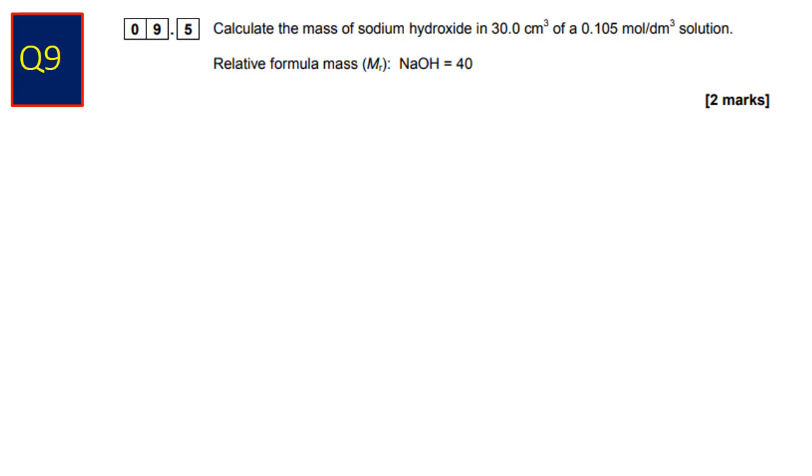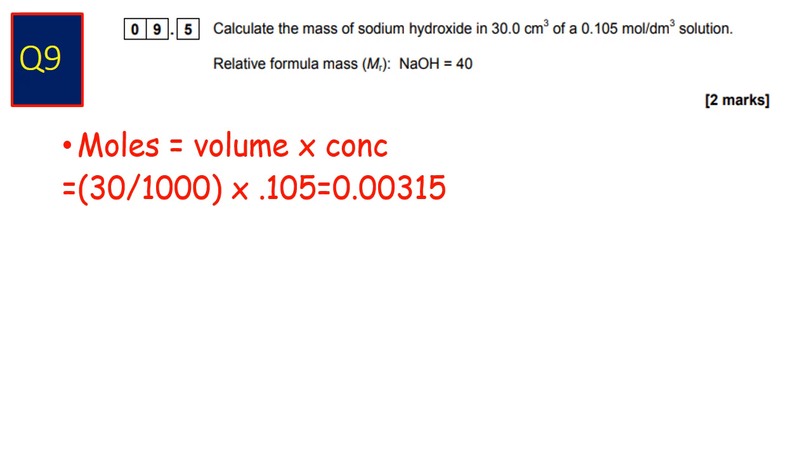Then asked to calculate the mass of sodium hydroxide in 30 centimetres cubed of a 0.105 mole decimetre cube solution. And we were given the relative formula mass of 40, which was nice of them. So, moles equals volume times concentration.